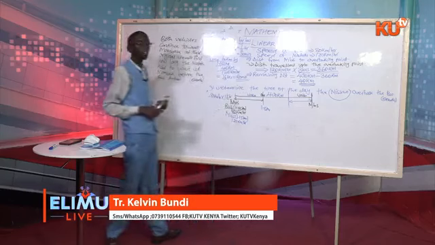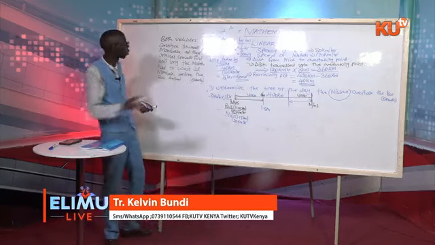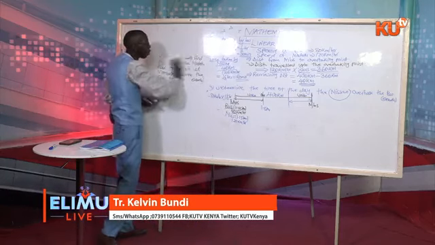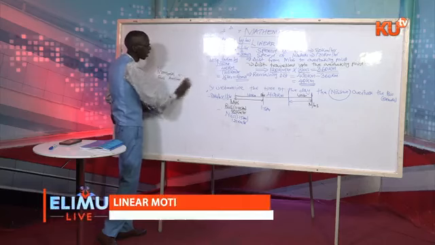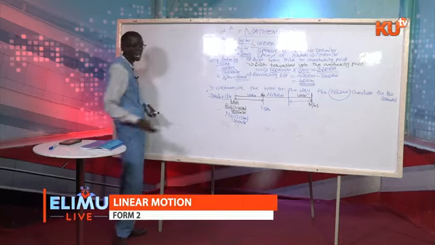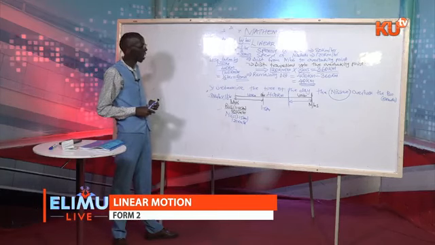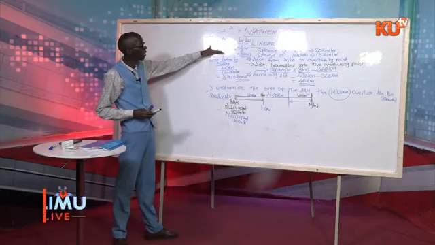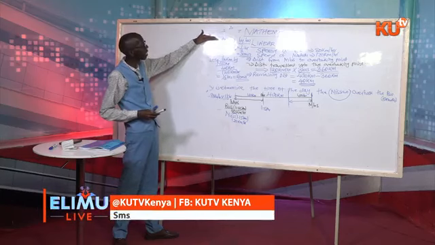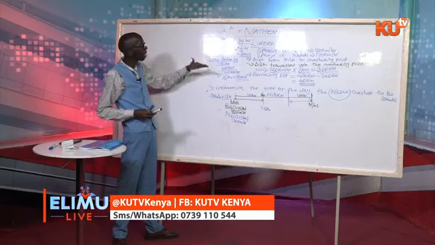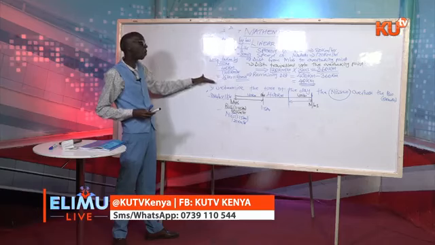So after the Nissan overtook the bus, they moved with the original speeds, and the distance that was remaining to Mombasa was 40 kilometers. So we can get the time taken by the bus and the time taken by the Nissan to reach Mombasa.